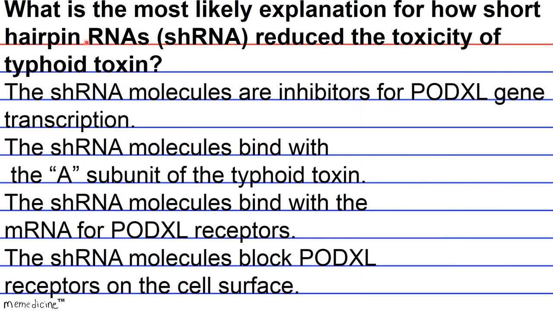Okay, so let's break down the reasoning behind the correct answer choice. shRNA strands are produced intracellularly, meaning inside the cell. So after a shRNA molecule is produced, the loop of the hairpin is basically cleaved and two short strands of RNA can separate, okay?